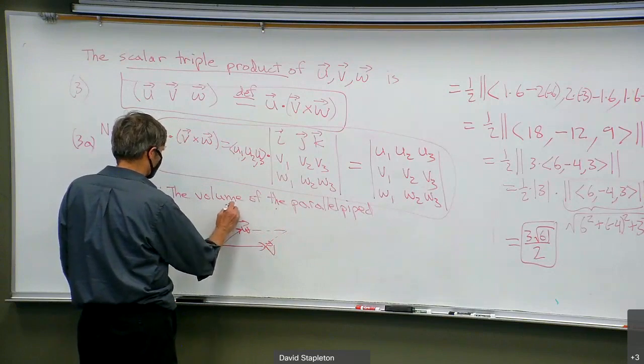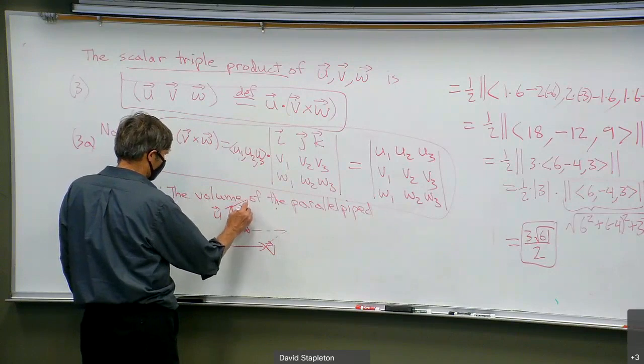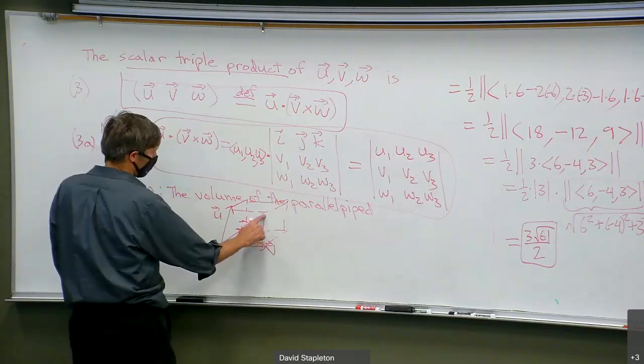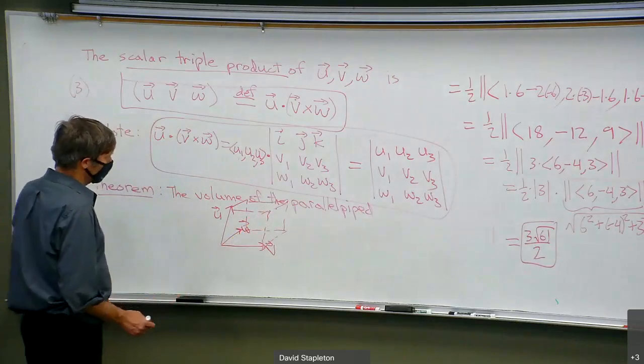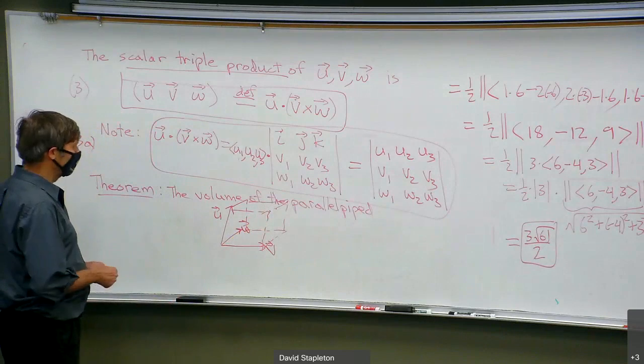Then let's have this be U up here. This is how I'm used to drawing it. Then you make a parallelepiped, like filling this out, right? So a rectangular box is also called a rectangular parallelepiped because it's a parallelepiped with all right angles.